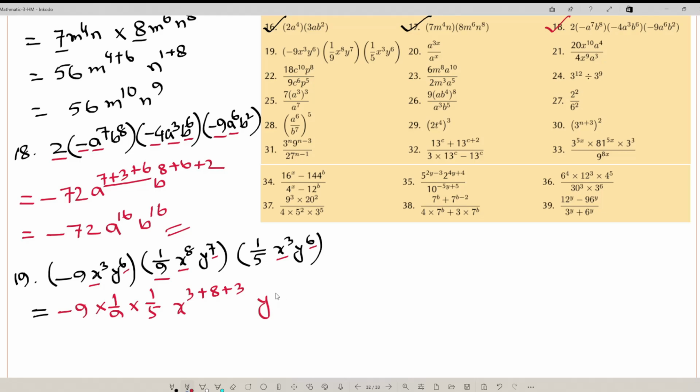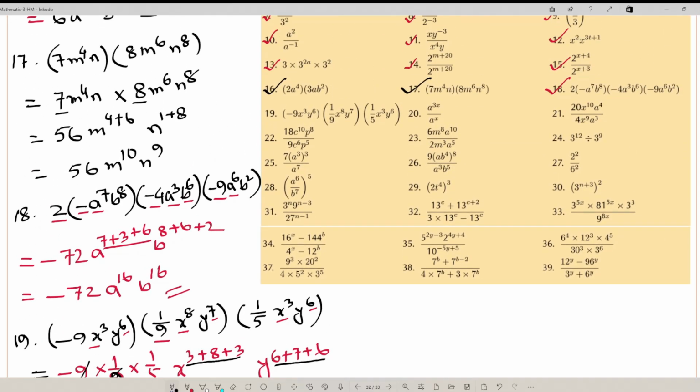So we can write 6 plus 7 plus 6. So look, here is 1, here is 9, and 1 divide 9, so we can take 9 out. So minus 1 divide 5, x to the power 8 plus 3 is 11, 11 plus 3 is 14. Now y, 7 plus 6 is 13, 13 plus 6 is 19, and this is our answer.